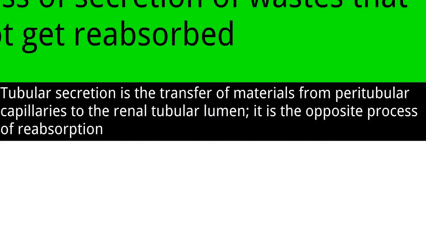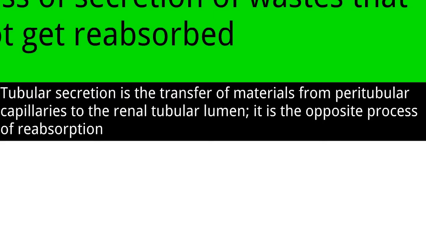In the case of reabsorption, the useful substances are reabsorbed into the peritubular capillaries and later supplied back to the body. Whereas in the case of secretion, waste materials which are not filtered are then secreted into the renal tubule.